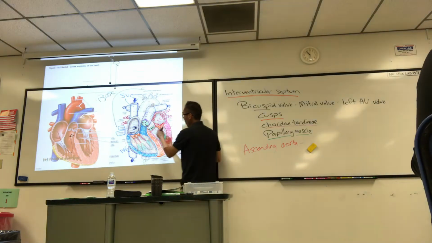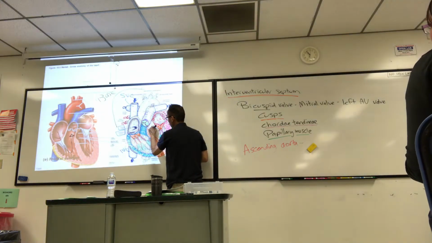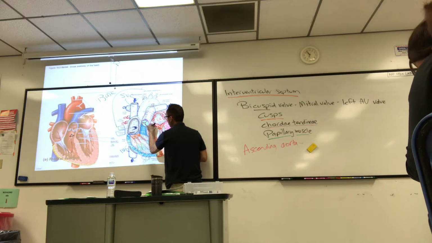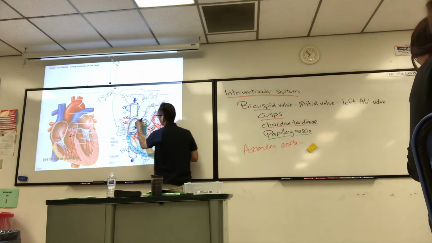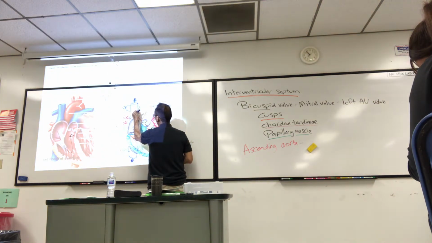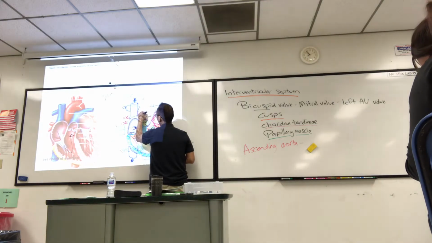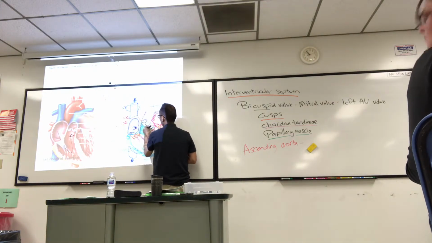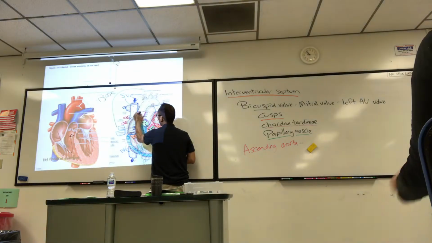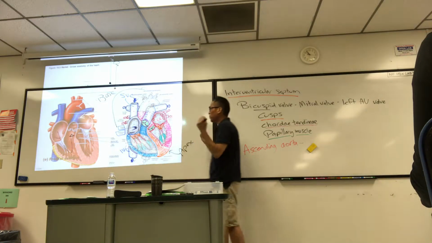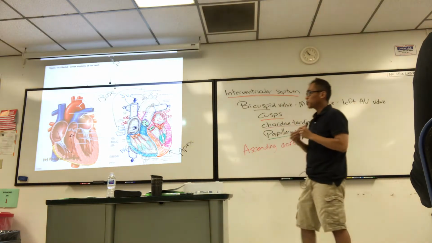So I'm going to color that red, trace all around here. It continues all the way on up here. So that's all ascending. It's like the first 2.5 centimeters. That's what a textbook usually would say.